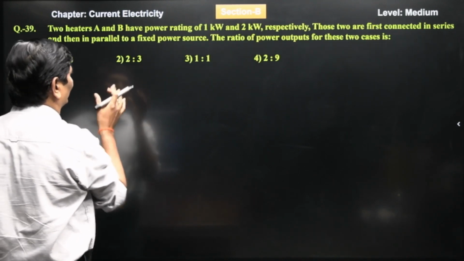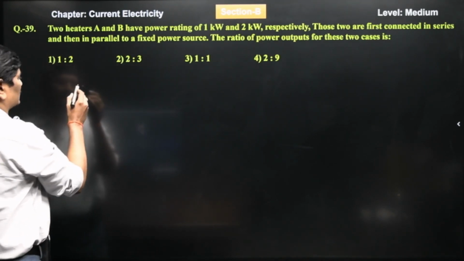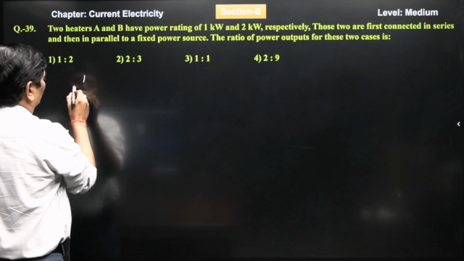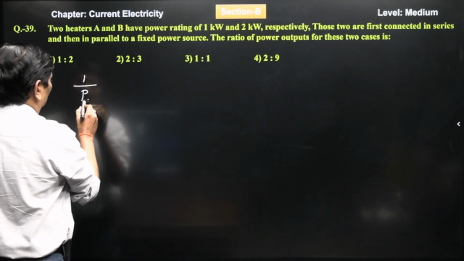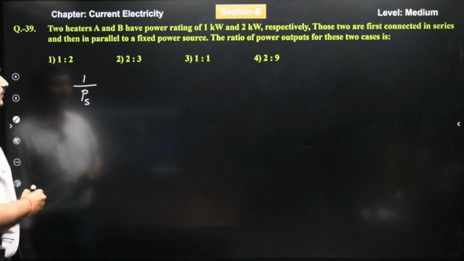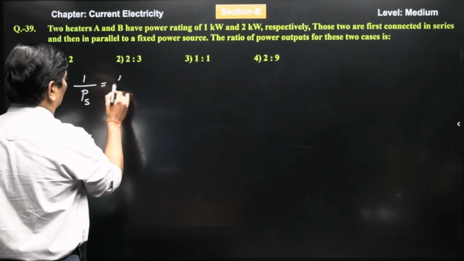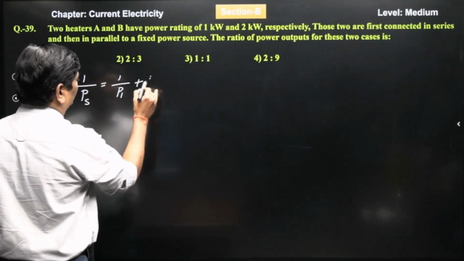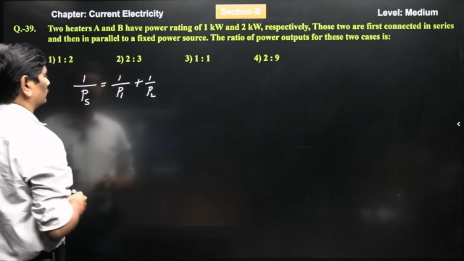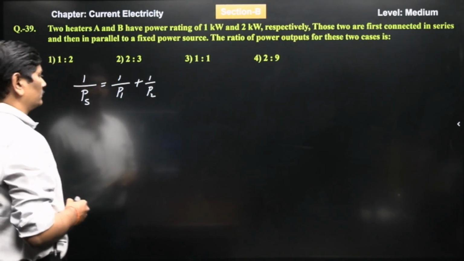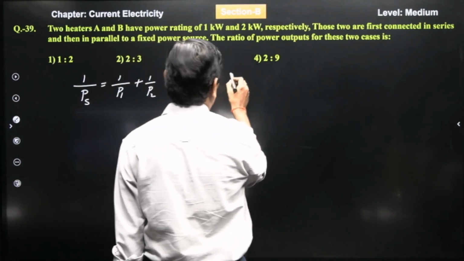Heaters are electrical devices. When connected in series, if Ps is the power of the combination in series, that is actually 1 by P1 plus 1 by P2. In series, this is the relation for the powers, when P1, P2 are individual powers.